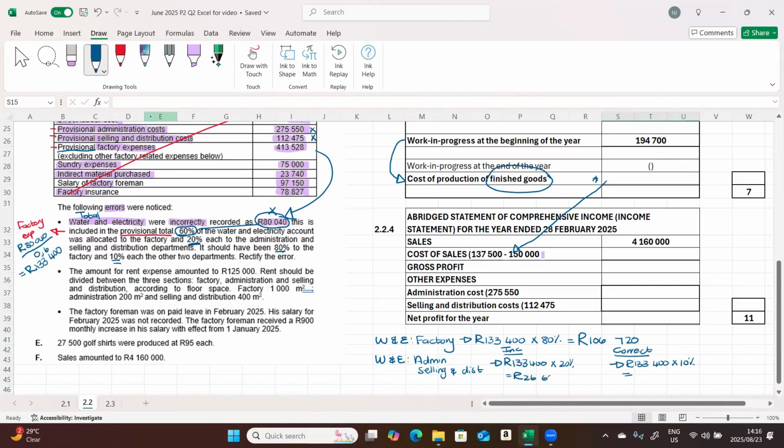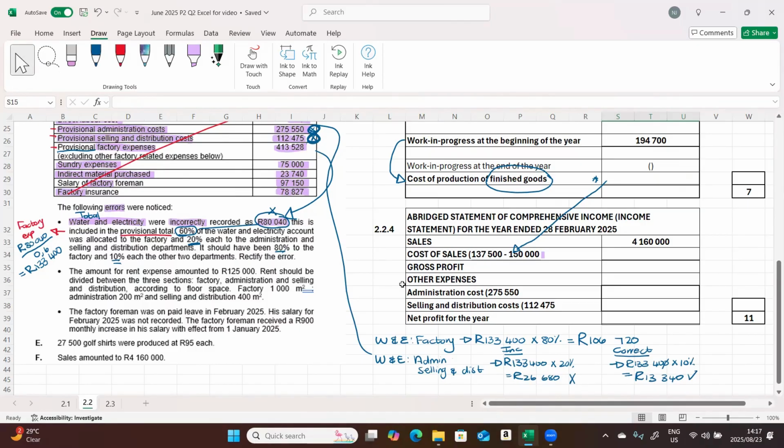So 26,680 was wrongly included over there and over there. So can you see, it should only be 10%. Okay, this is nice and easy, 10%, just take one zero away there. So it will be 13,340. So this is the correct amount and this is the incorrect amount, but the incorrect amount was included over here.